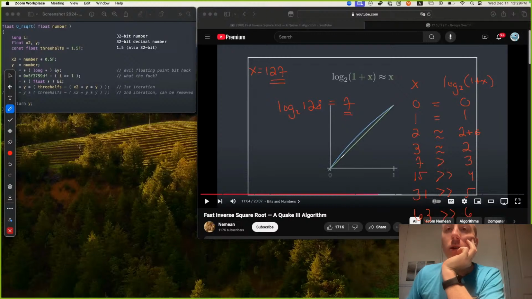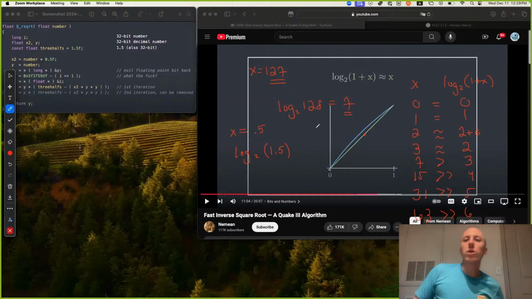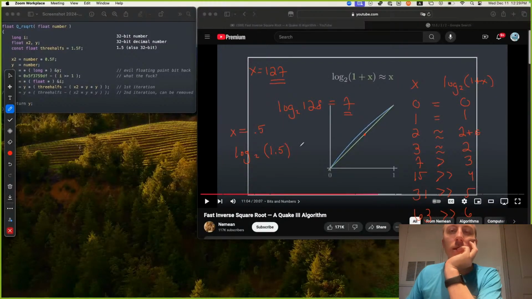Oh yeah, okay. So what about within the range here? So x is equal to 0.5. Then log base 2 of 1 plus 0.5, 1.5, is going to be somewhere between 0 and 1, but I'm not sure what value it is.